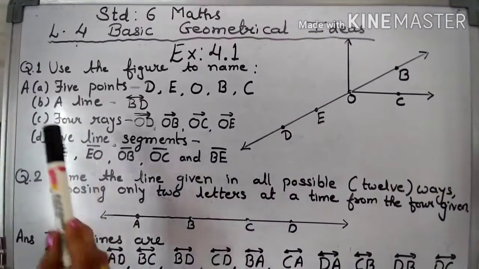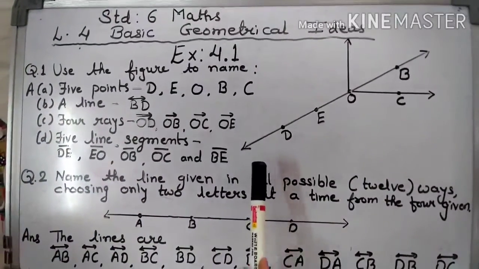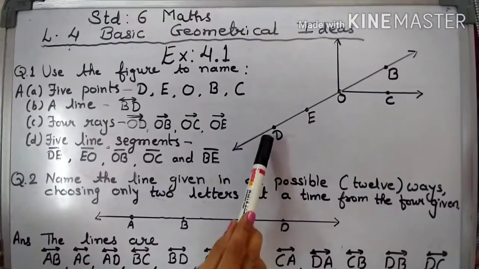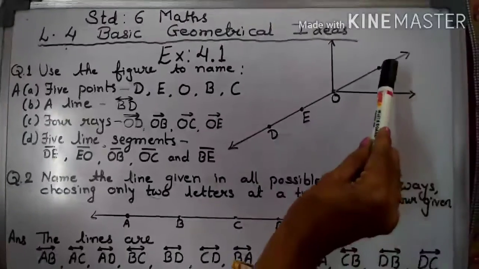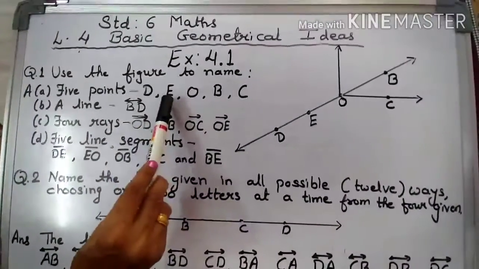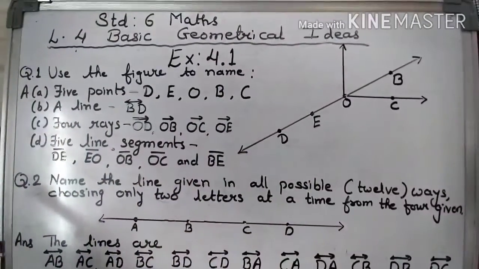Our first question is 5 points. Now, determine which are the 5 points in this figure. Here are point D, point E, point O, point B and point C. These are the 5 points.